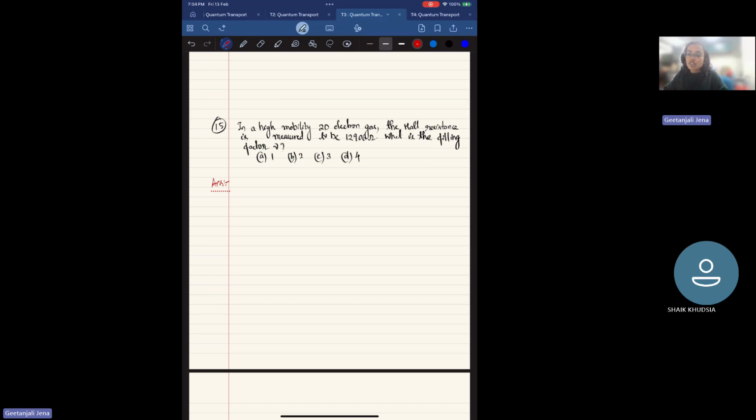If you recall, Shubnikov-de Haas effect is nothing but the oscillation in the longitudinal resistivity or conductivity in the presence of a transverse magnetic field. And the de Haas-van Alphen effect is the oscillation in magnetic susceptibility, mostly in metals. So just see which one of these will give the mapping of Fermi surface.